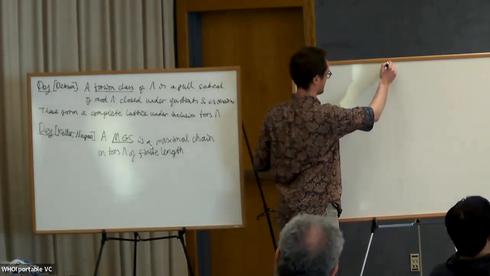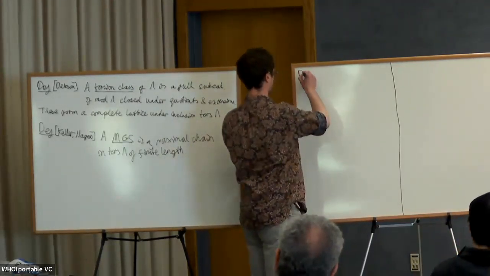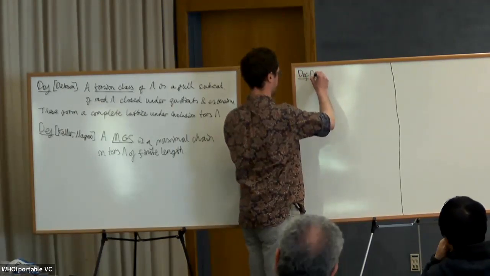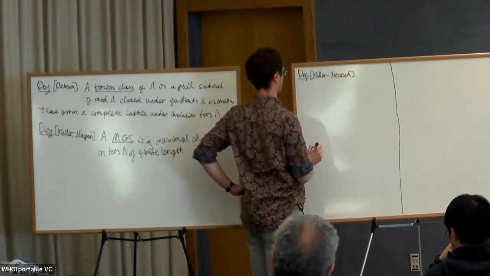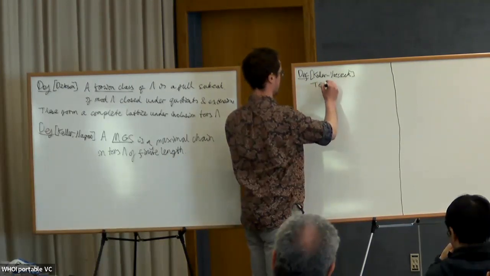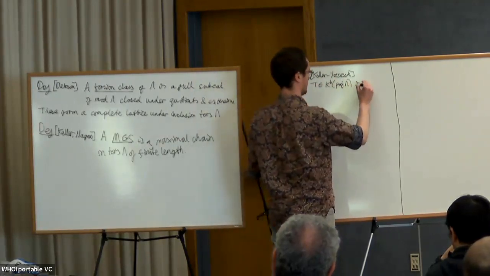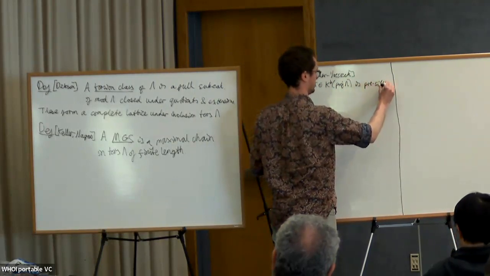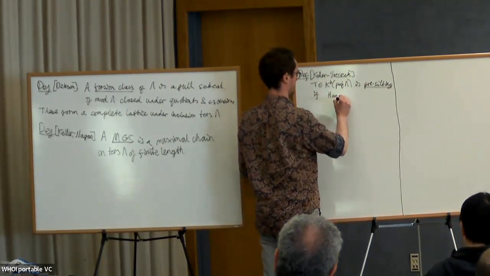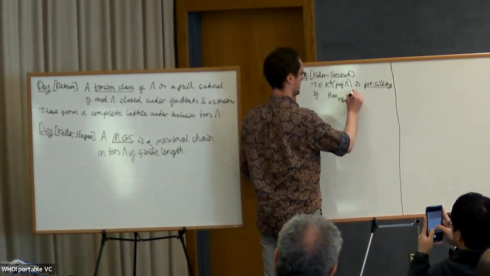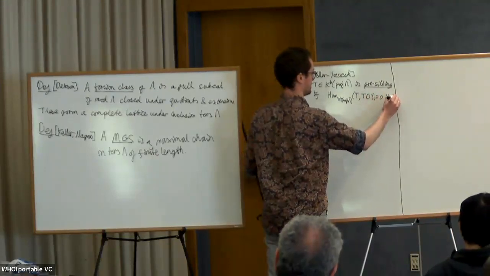The second notion uses silting complexes, and I might have more floor space for this. Silting complexes were originally introduced by Keller and Vossieck. We say a complex T in the bounded homotopy category of projective lambda modules is pre-silting if there are no homs from T to T shifted by i for all i greater than 0.